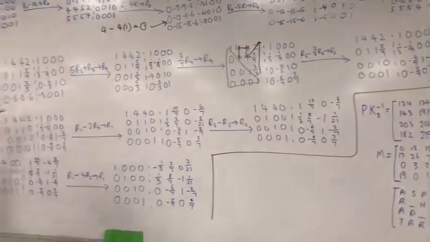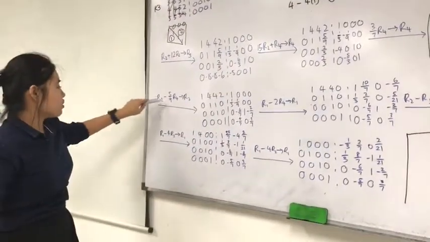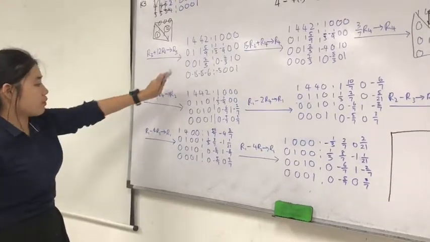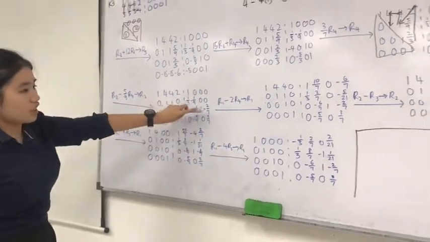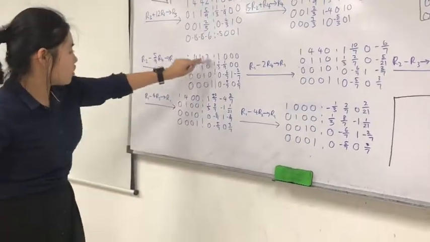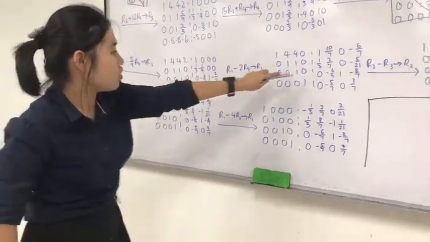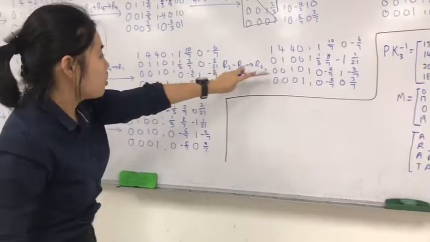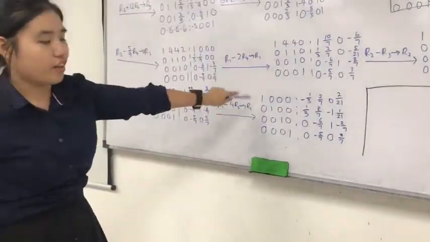The next step, we use R2 minus 5 over 9 of R4, and I get a new R2. As it goes, we can see it fills up the values, it fills up 0, 0, 0. Then we get the final answer here.